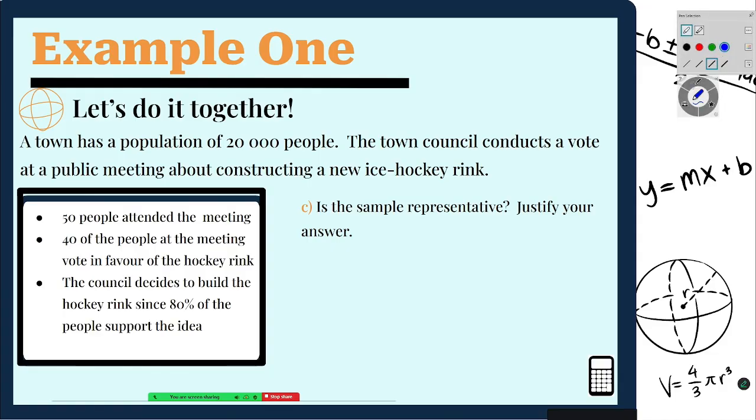So is the sample representative? If less than 1% came out to attend this meeting, then is the sample representative? Not even close. So the sample size is too small.